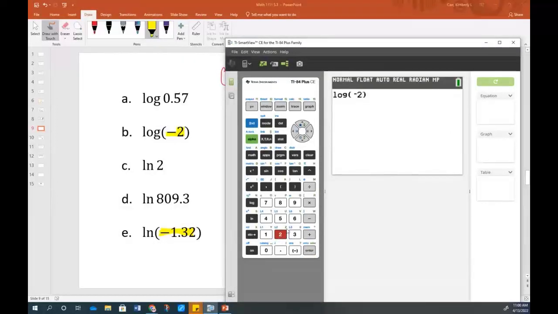Now I can click go to, and it will tell you, yeah, as soon as you told me to take a log of that, I had a problem. But let's just clear that. So since I know that one's not real, I'm going to go back and type this one so I'll get my answers all on the screen. Log of 0.57. I'm going to skip the one that's not real, and now I'm going to do ln of 2.